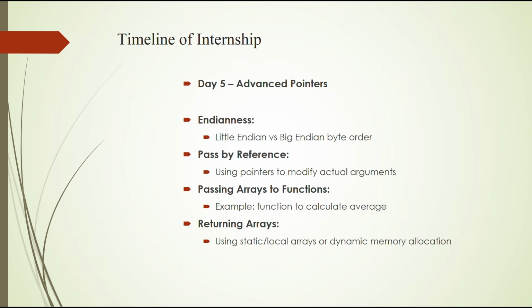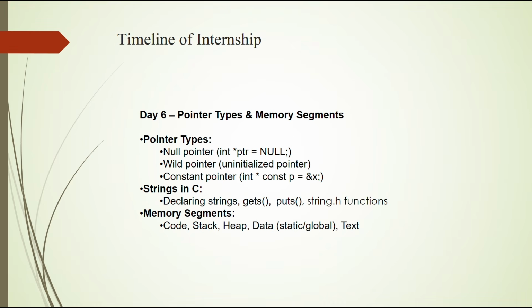Then in day 5, we learn about advanced pointers like pass by reference, passing arrays to functions, and returning arrays. These types of things we learn. In day 6, we learn about pointer types and memory segments.